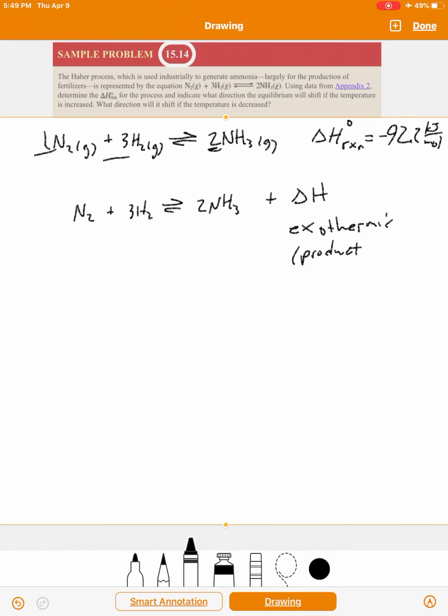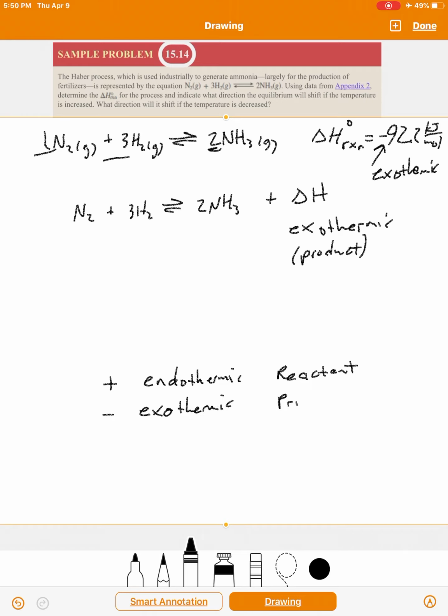If it were endothermic, you would write it on the left side as a reactant. Okay? But since this one is negative, that means it's exothermic. So let me make a little table here. If it's positive, that's endothermic, and you write it as a reactant. If it's negative, that means it's exothermic. You write it as a product.